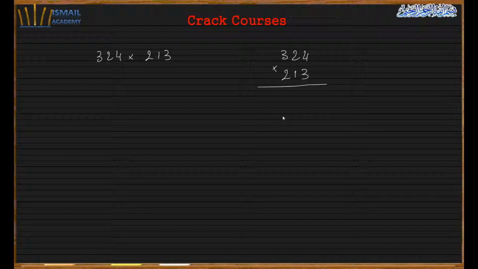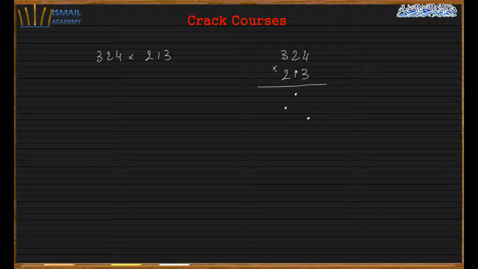So that's the idea behind. So if I want to start with the tens here, my answer should start from the tens. If I want to move to the hundred, that means my answer should start from the hundred. If I want to do the ones, this answer starts from the ones.